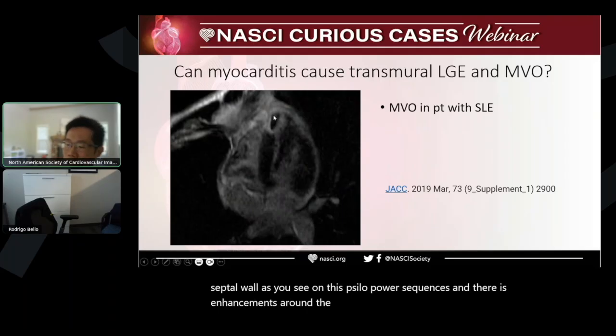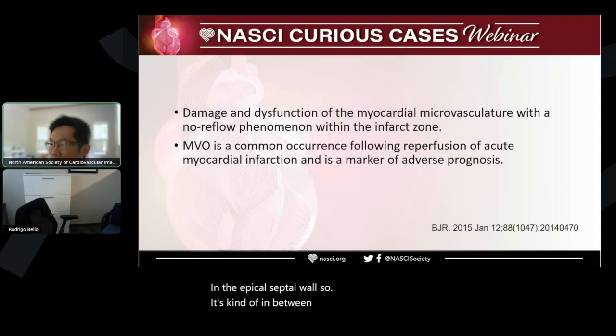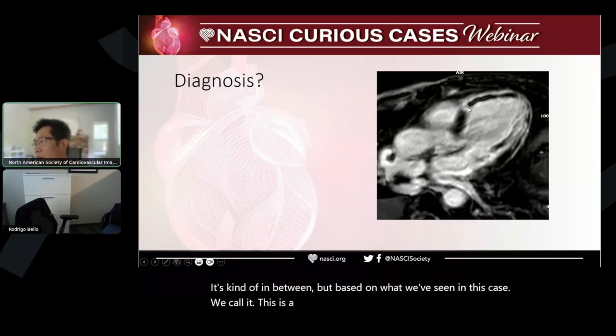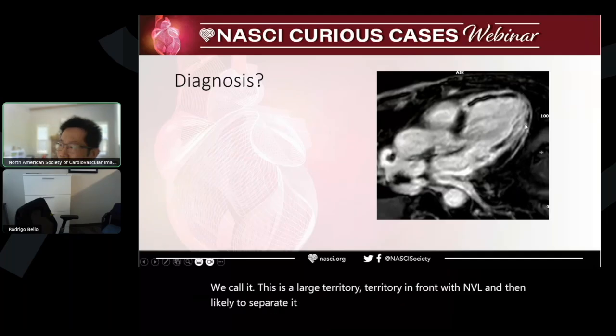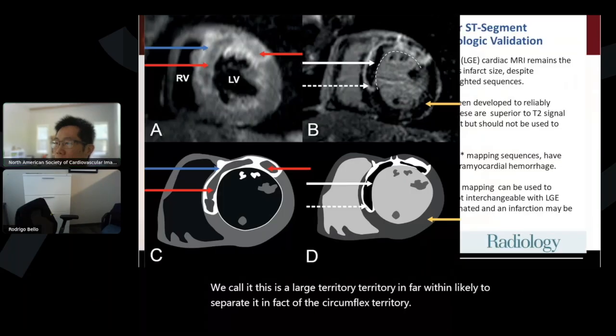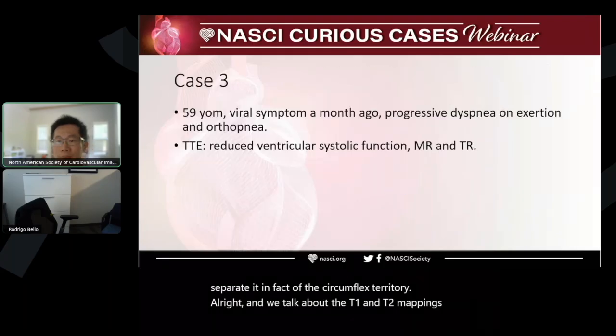So it's kind of in between, but based on what we've seen in this case, we call it a large LAD territory infarct with MVO, and then likely a separate infarct of the circumflex territory. All right, and we talked about the T1 and T2 mappings already. All right, question.